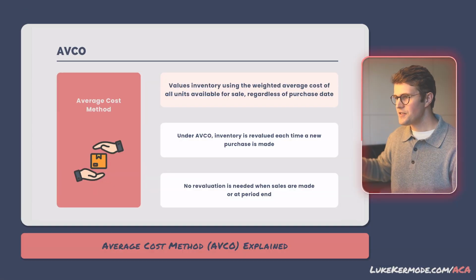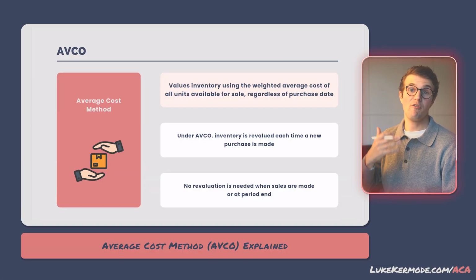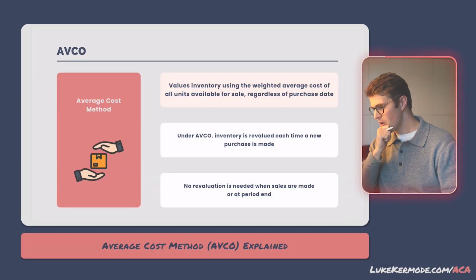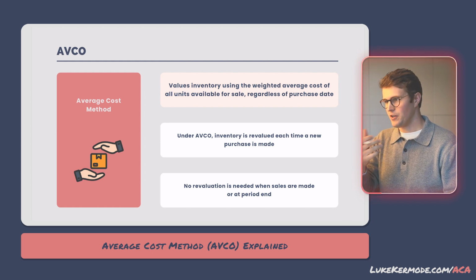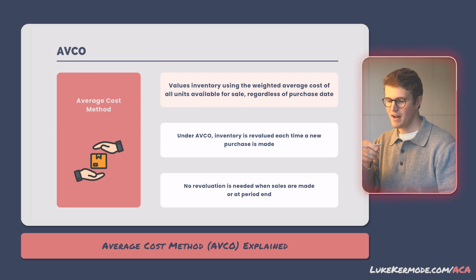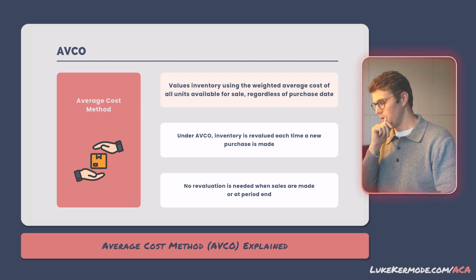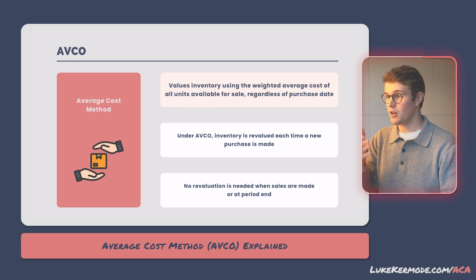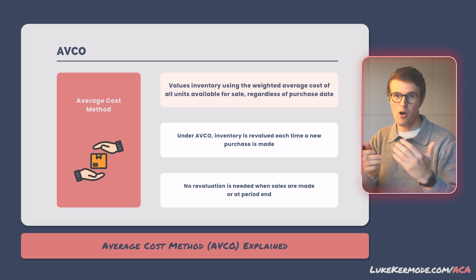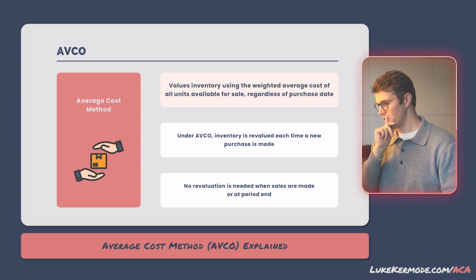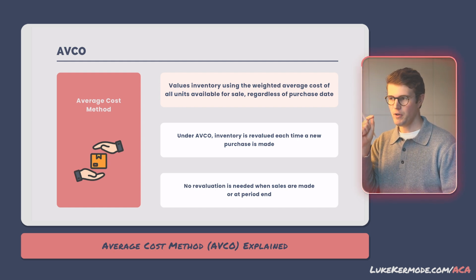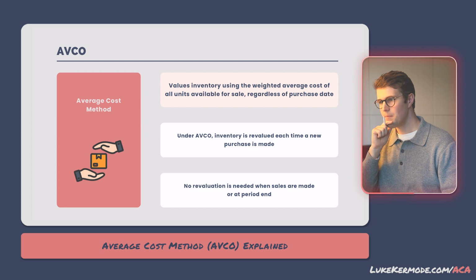Okay, so what is the average cost method, commonly referred to as AVCO? Well, AVCO is a method that values inventory and cost of sales by taking the weighted average cost of all the inventory units that are held at a given point in time, regardless of actually when they were purchased by the business. So AVCO works by recalculating the average unit cost every time a new purchase is made by the business.